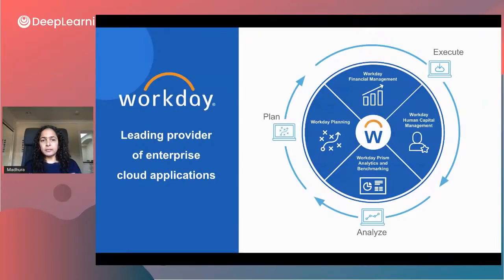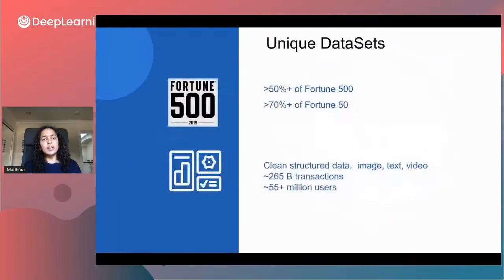And the other really interesting piece for all of us has been that Workday products are used by some of the largest and biggest enterprises that you've all heard of. And we have access to clean structured data from about 265 billion transactions done by 55 plus million users. It consists of image, text, video, media, and we use it in a responsible, ethical, compliant manner. But it's been really nice to have access to these unique domains and these unique data sets to solve some of the problems for our customers.